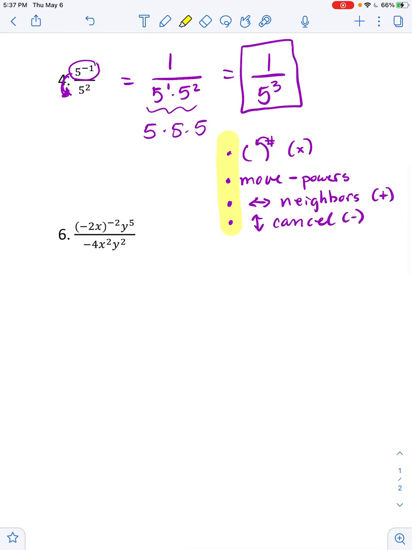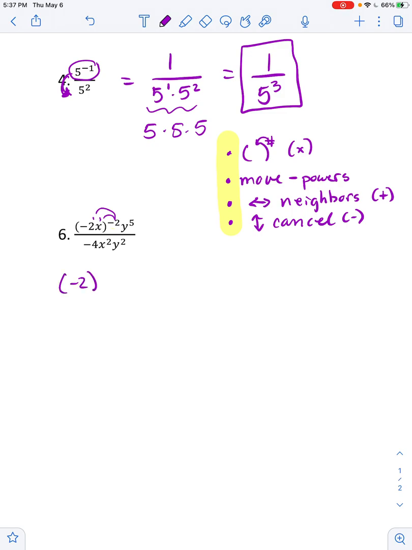I just like to approach them all the same way so I have a plan. So in this case, I'm going to do anything that's outside parentheses first, meaning each thing is going to have to get multiplied, each power. So negative 2 is currently to the 1 power and x is to the 1 power. And each of those, everything inside the parentheses, will get multiplied by that negative 2.